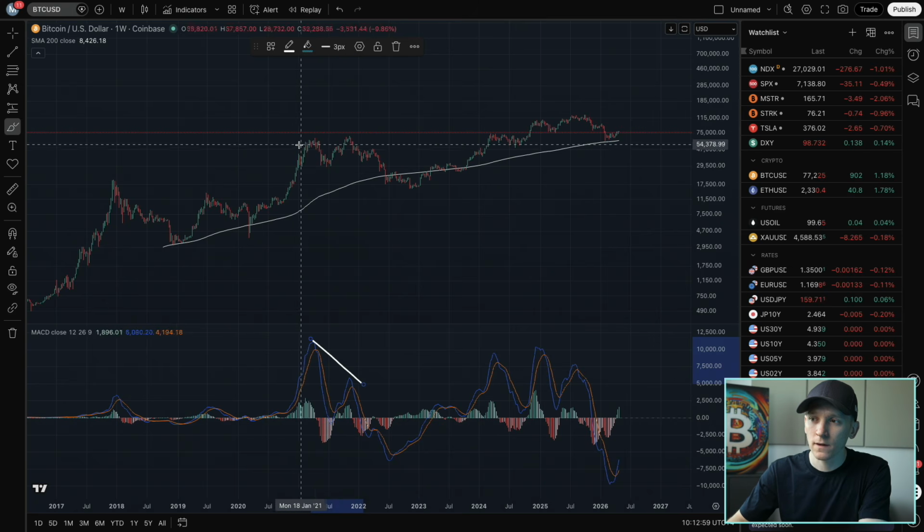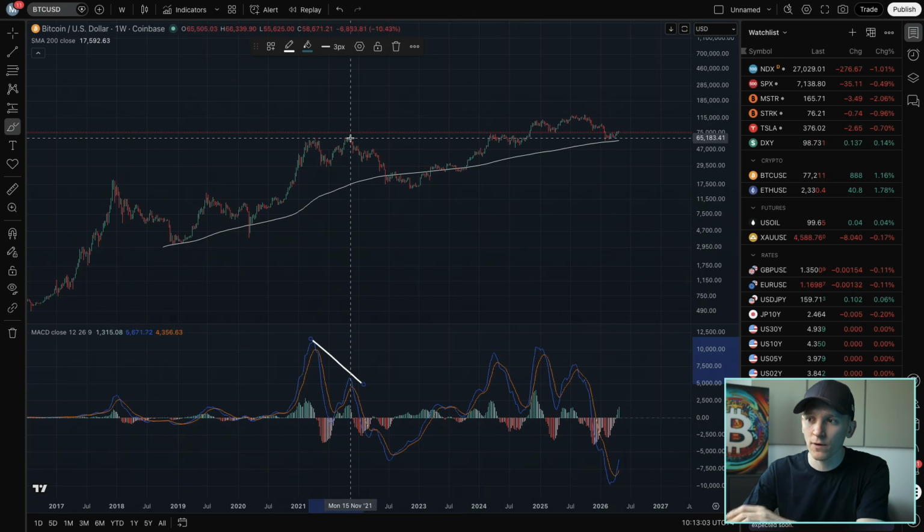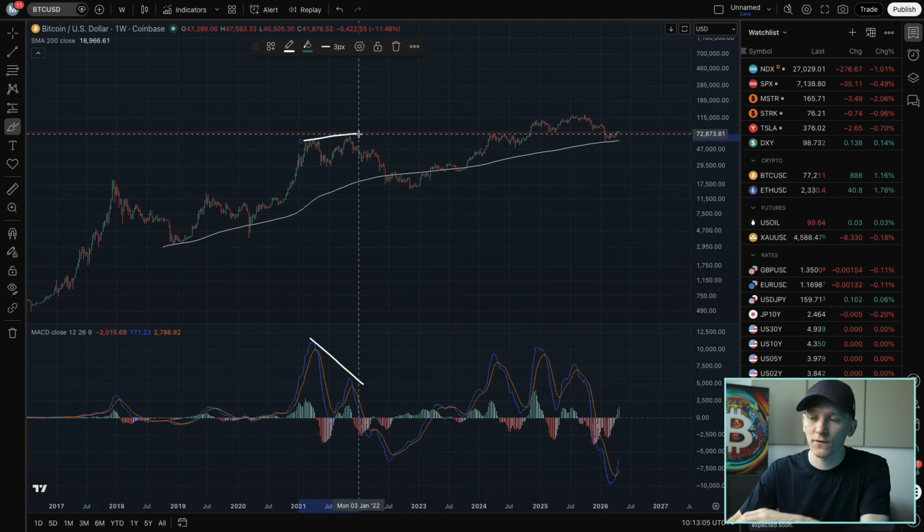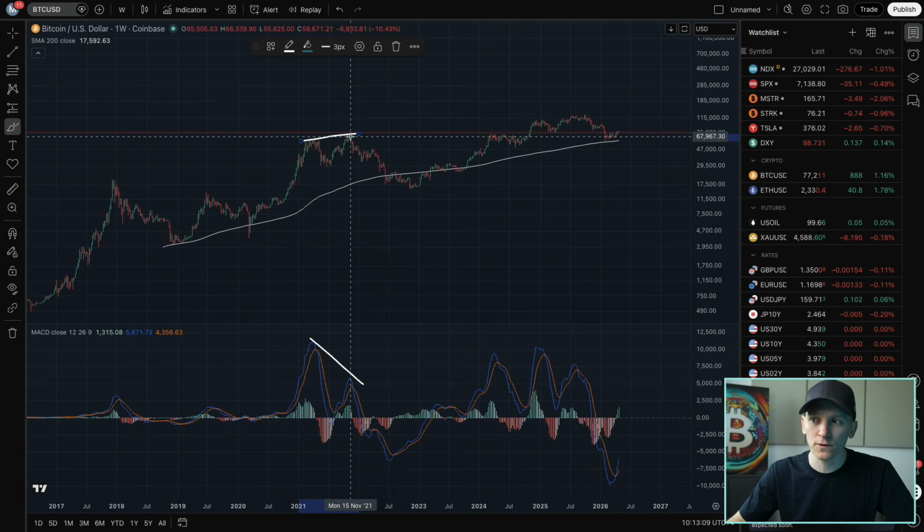So what we have here is a price all-time high and then another price all-time high. And if you're looking just at the price, you may be really bullish, thinking, well, we've just made another new all-time high and we're going to go even higher than this. However, the MACD is showing you that the momentum of that price movement has weakened significantly.